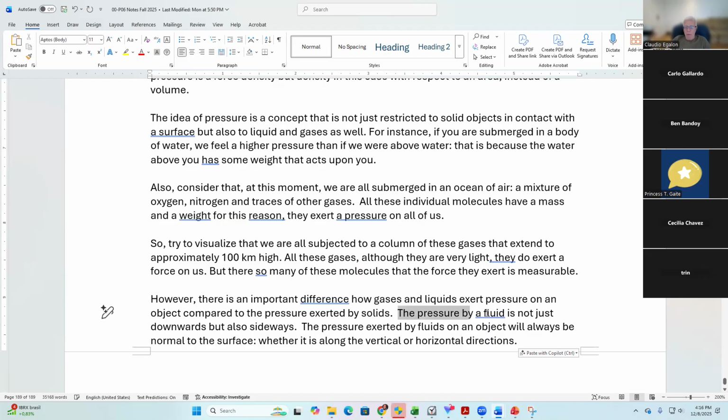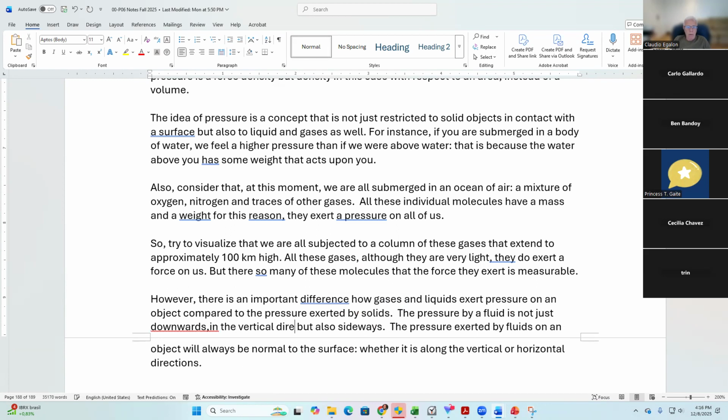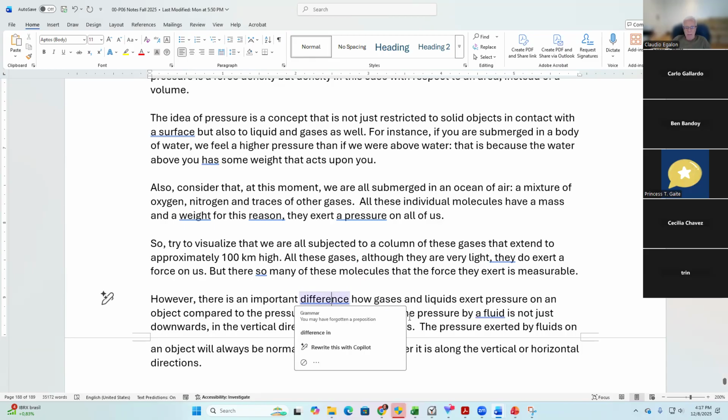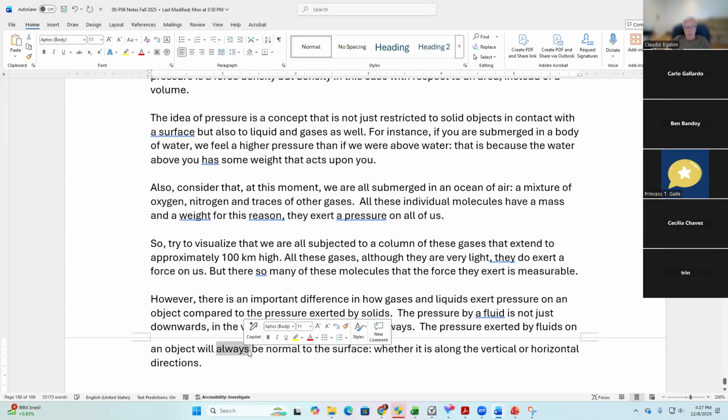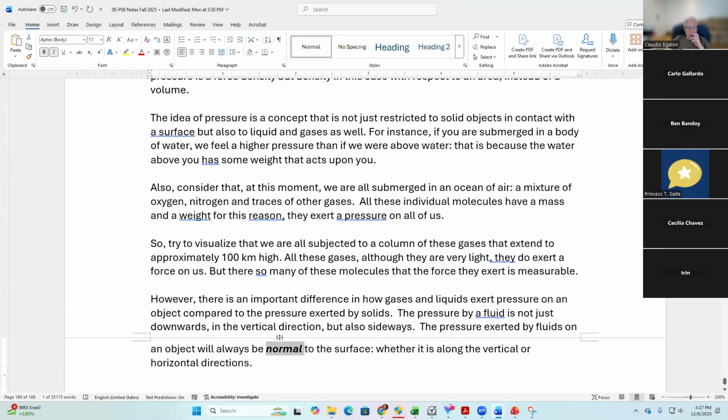The pressure by a fluid is not just downwards in the vertical direction, but also sideways. The pressure exerted by fluids on an object will always be normal to the surface, whether along the vertical or horizontal direction.